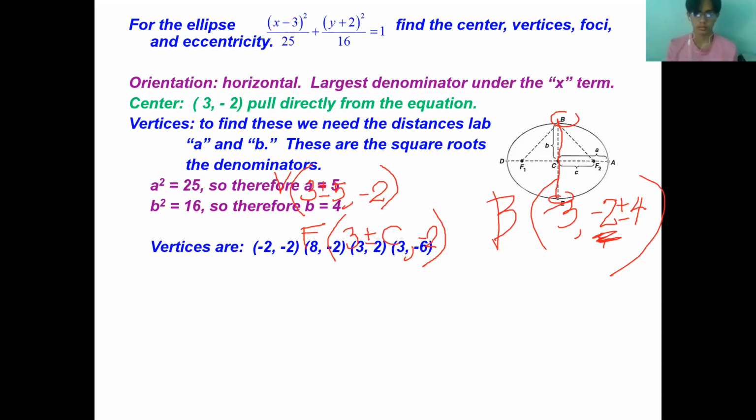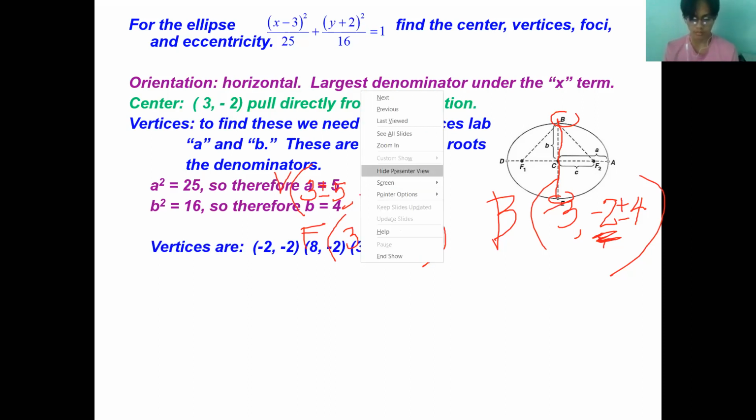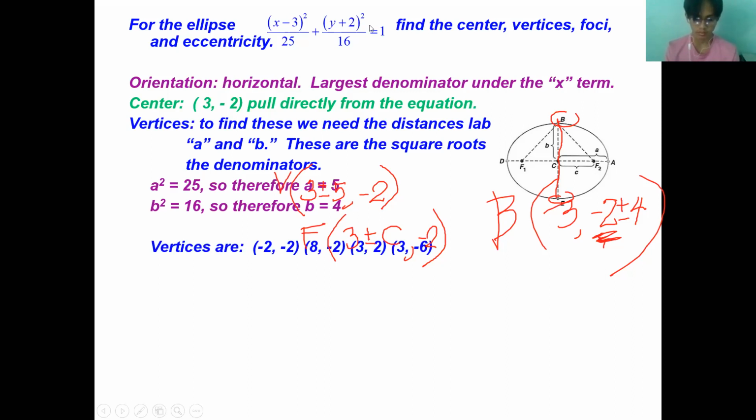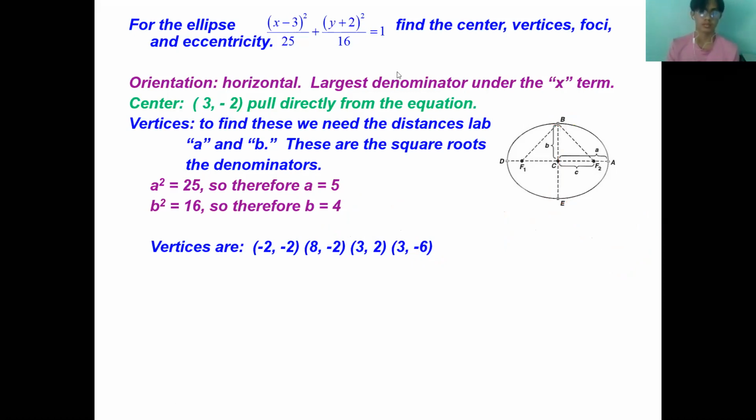So this one here is your only coordinates of the vertices. Let me erase the line. This is the vertex prime being on the left, and this is the vertex being on the right.